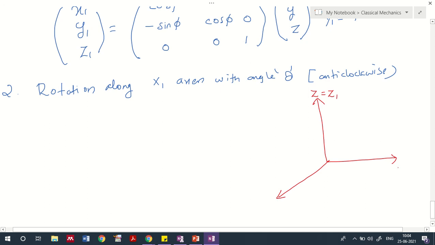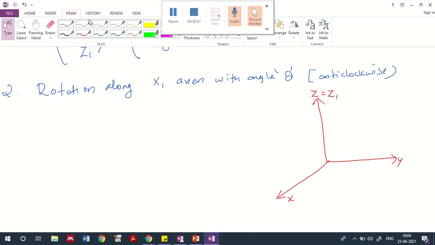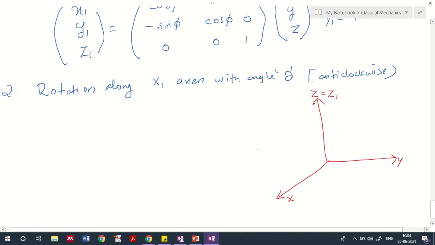We have y over here, and also x over here, and we represented y1 by an angle phi. Then also we have x1, right?